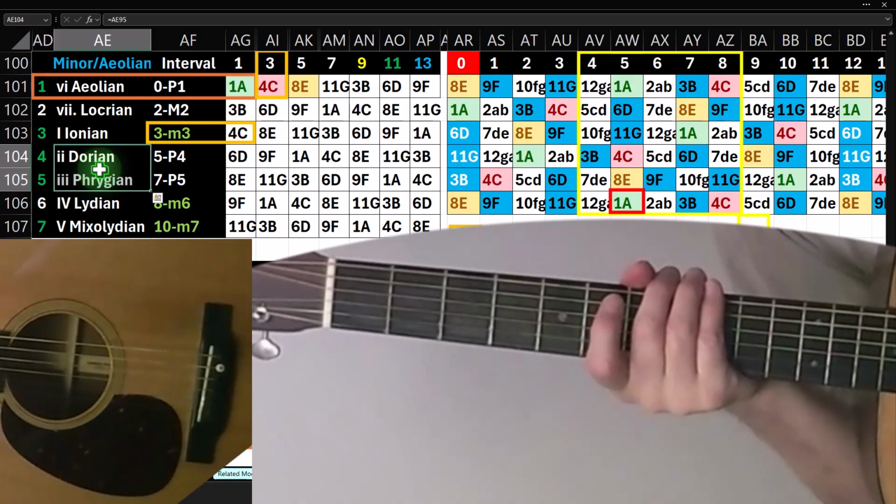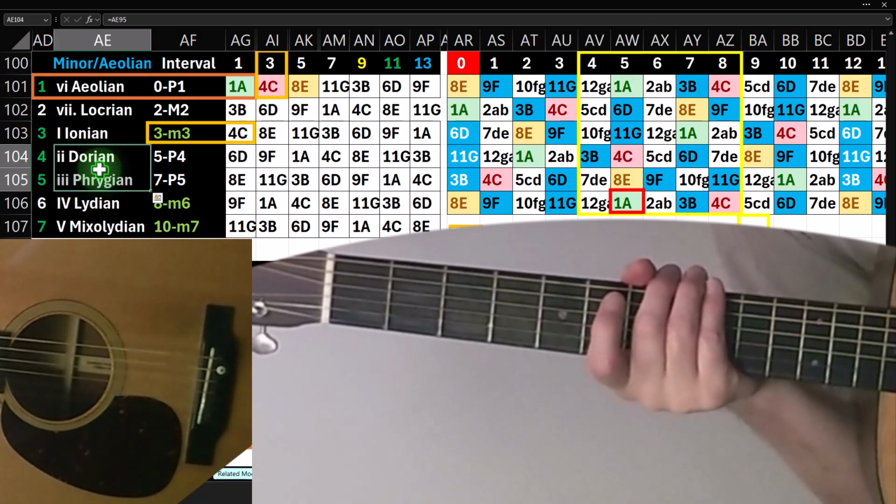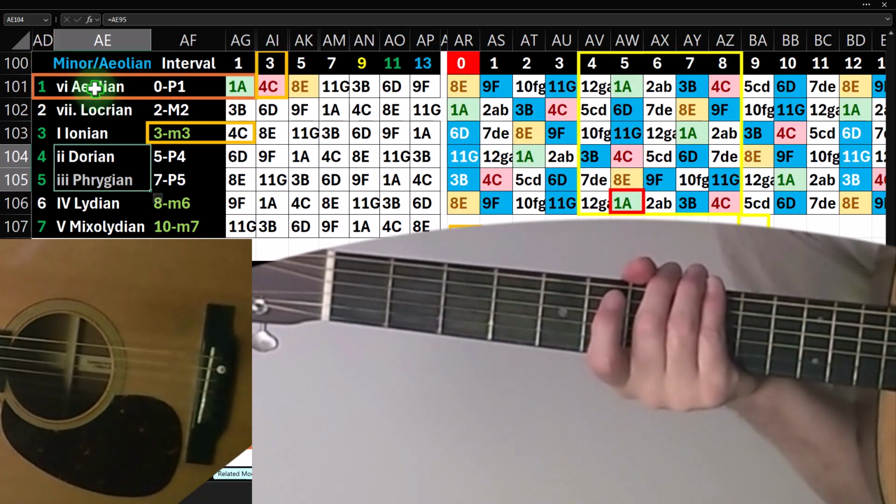So that's convenient that it works out that way, but it also leads us to not really think about how the major is related to the minor as much, right?